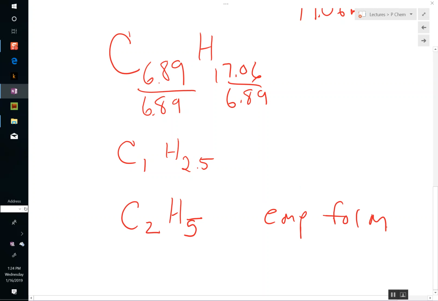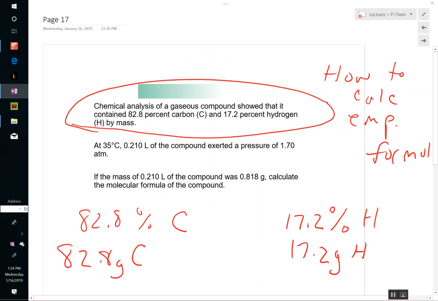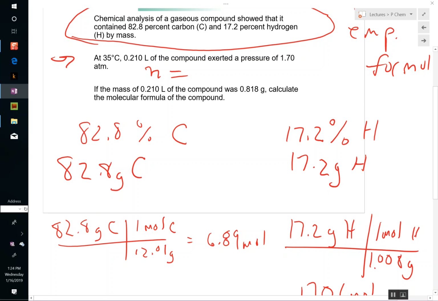All right? Well, without going through it, someone explain to me. Now the next part, we've got everything we need here with the ideal gas law to calculate what? Moles. So this part right here is going to tell us what N is. So now, I didn't leave myself a lot of space, but N, or this mass, 0.818 grams divided by N, is going to be the molar mass, right?